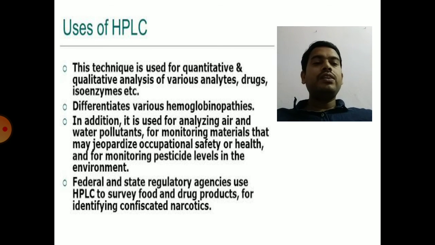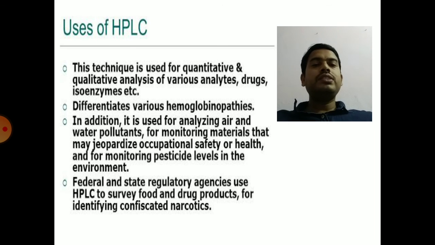Isoenzymes perform the same function, but in different organs like kidney, liver, etc. You can separate such isoenzymes, which function similarly but are located in different organs, with the help of HPLC. Drugs and narcotics can also be analyzed.